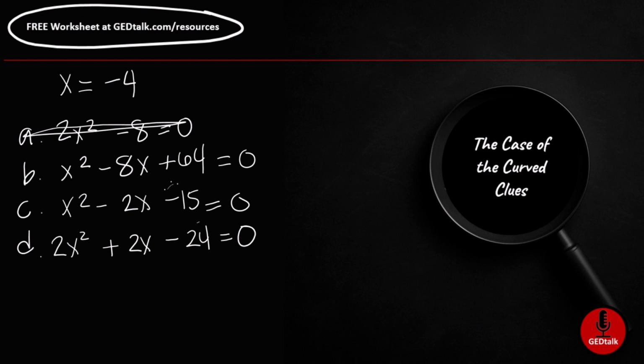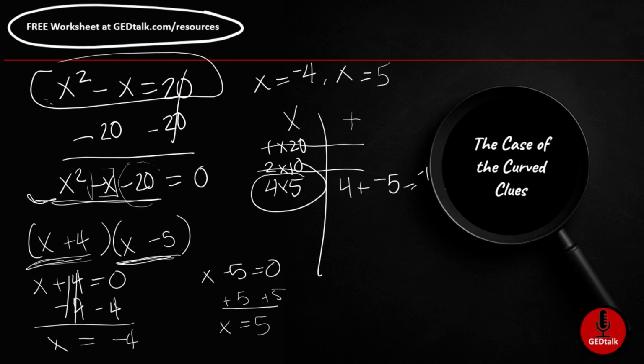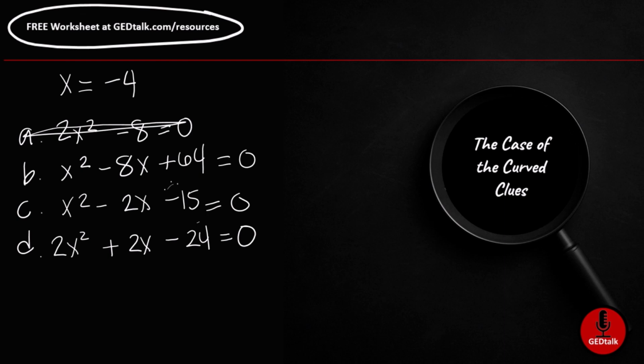But there's something else that I want you to notice. Do you remember when we had these simple equations where it was just an x squared minus x minus a number equals 0? And we figured out that for this example we went over that in order to get this -20, we had to multiply two numbers together, right, to get -20. So come back to the problem that we're working on now. If you were looking at your answer choices, which one of these, the 64, the 15, or the 24, are you thinking, okay, well, if I multiply these two digits to get 64, 15, or 24, one would end up being the digit 4, right?